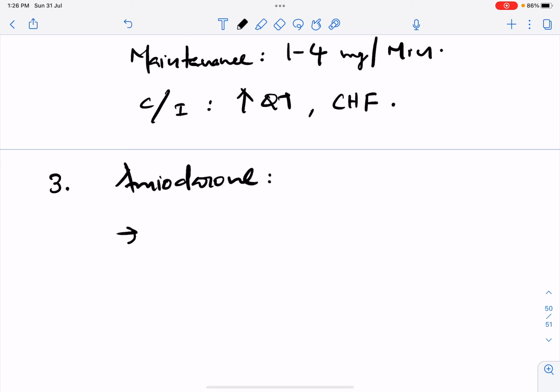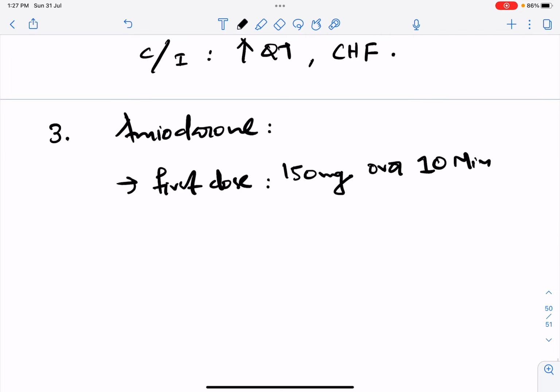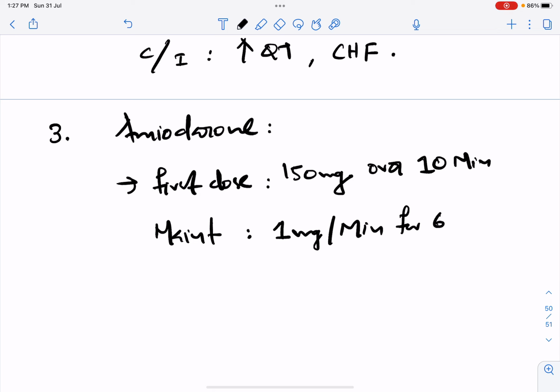And the first dose is 150 mg over 10 minutes. It is given over 10 minutes. Okay, and if the rhythm got terminated, you can give a maintenance dose at a rate of 1 mg per minute for 6 hours.